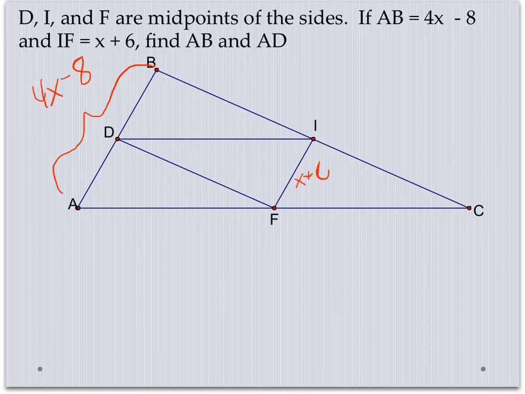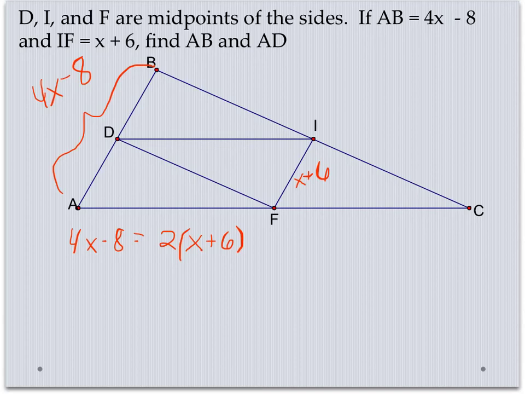X plus 6. That's the midsegment. They want us to find the length of AB and of AD. So this problem is going to take a couple different steps. First thing we can do is set up our problem. The larger side, 4x minus 8, is 2 times the inner side, so the midsegment, x plus 6.